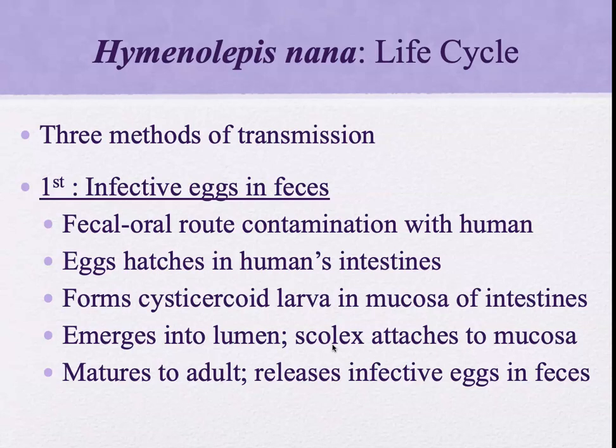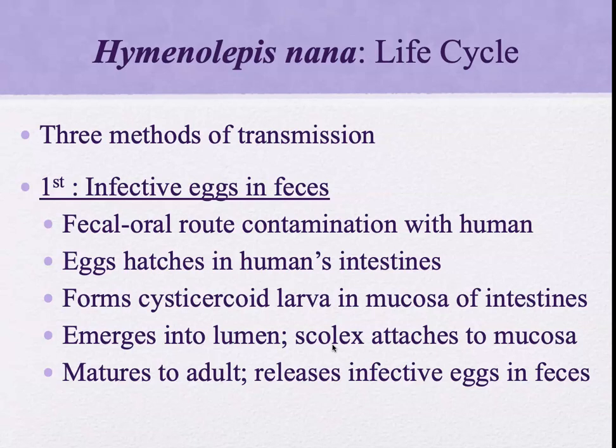In this first one, the eggs are infective. So make a note of that. In this first method, the infective stage for humans is the egg. So this would be where we have fecal-oral route of contamination with human feces. A human ingests the infective egg. The egg hatches in human intestines and forms into a cysticercoid larva in the mucosa of our intestines.